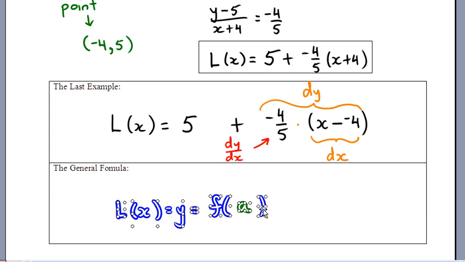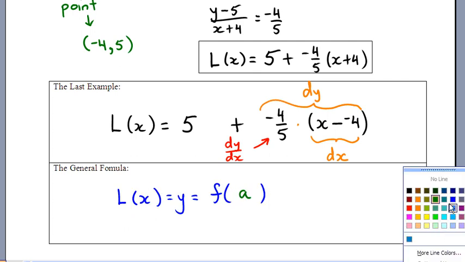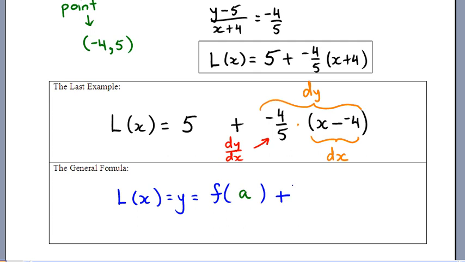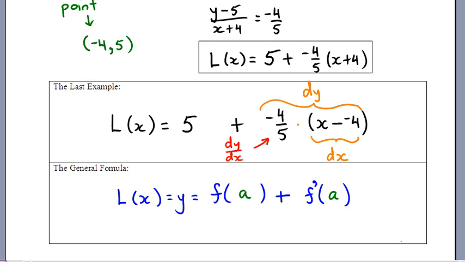I'm going to move this up just a touch. There we go. Then, moving down the road, we have this negative 4/5, that number. Well, where did that number come from? It's actually us figuring out the derivative at that really convenient x value. And then we multiply that by this binomial x minus the a.